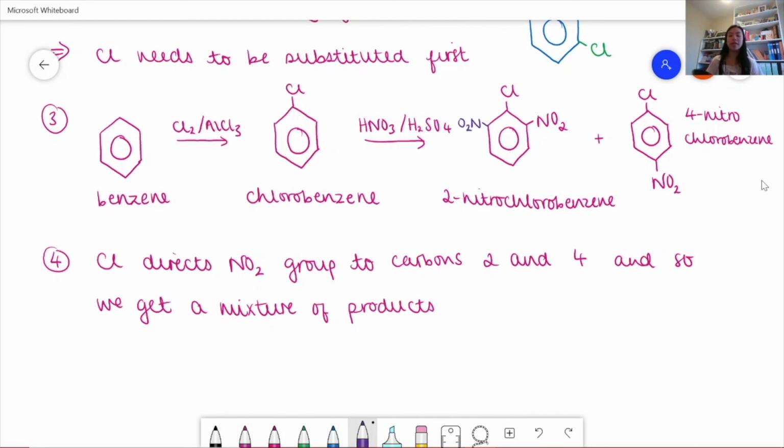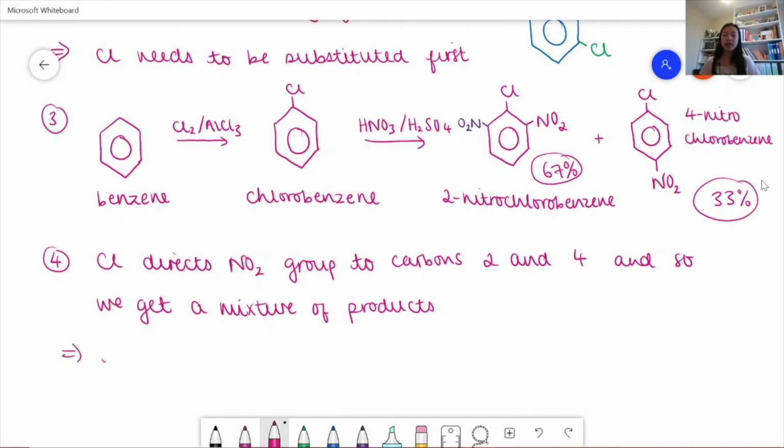And this would be the same exact molecule as the one that we drew before. And so we get double the amount of this 2-nitrochlorobenzene compared to 4-nitrochlorobenzene, because we can only form 4-nitrochlorobenzene in one way. And so we get 67% of this 2-nitrochlorobenzene and only 33% of this 4-nitrochlorobenzene.